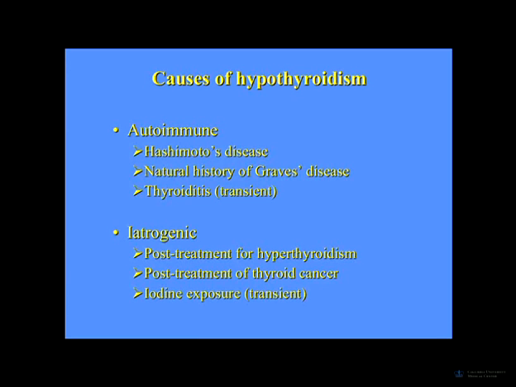Interestingly, large studies of the natural history of Graves' disease have shown that upwards to 25% of patients who are in a long-term remission after antithyroid drug will eventually burn out and become hypothyroid. So this autoimmune process will eventually burn itself out.